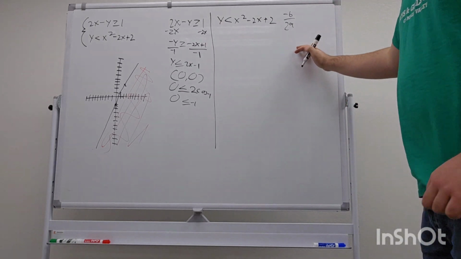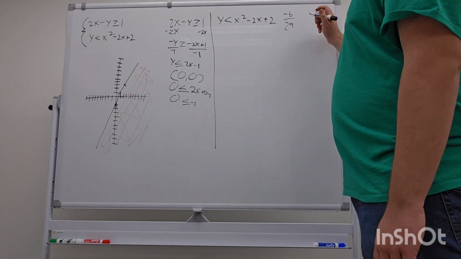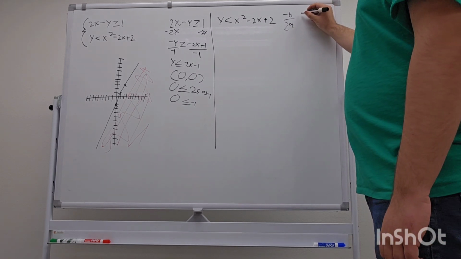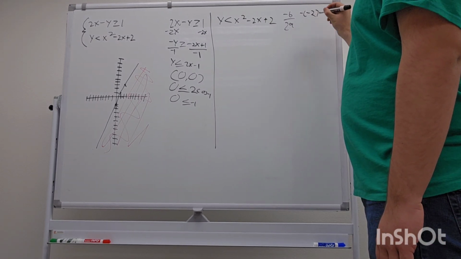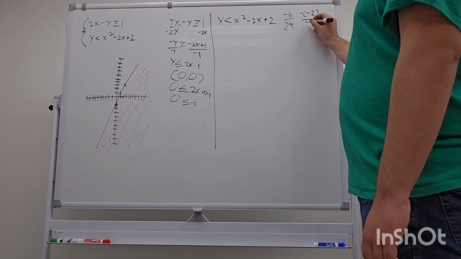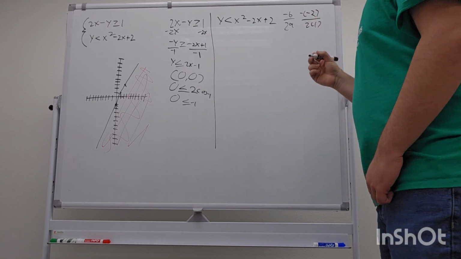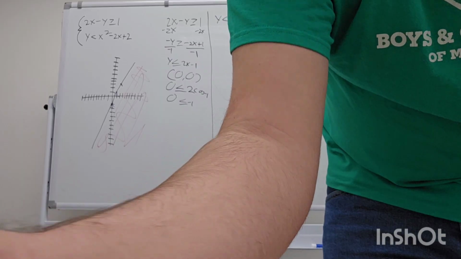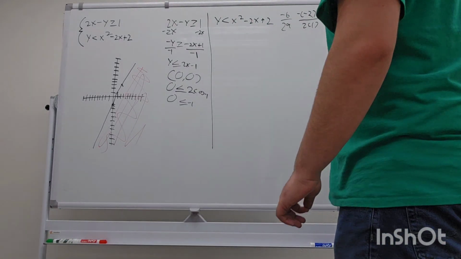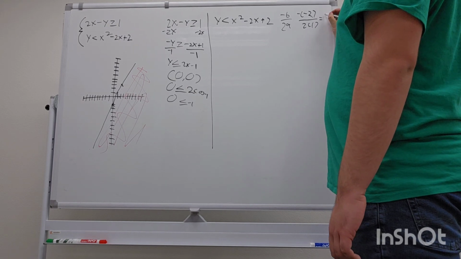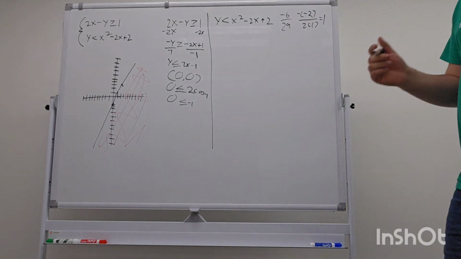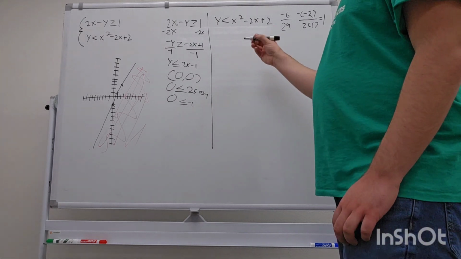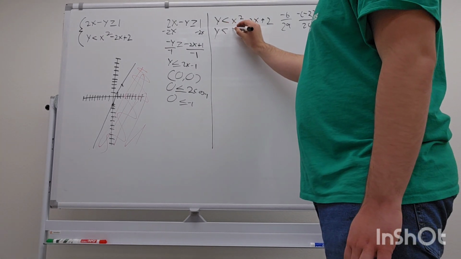Negative b will be negative 2, make sure we're putting in parentheses, over 2 times 1, which would come out to, give me a second, I apologize for the delay, it would come out to 1, since 2 over 2 equals 1. Now, we're going to take that and plug it into our equation here.